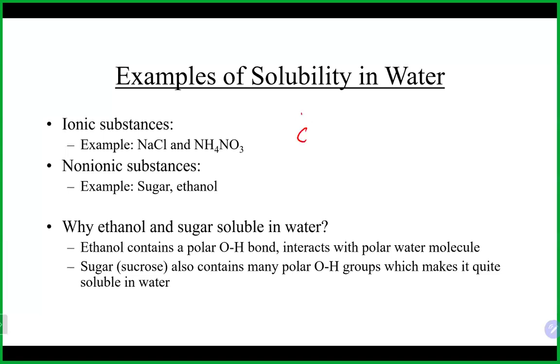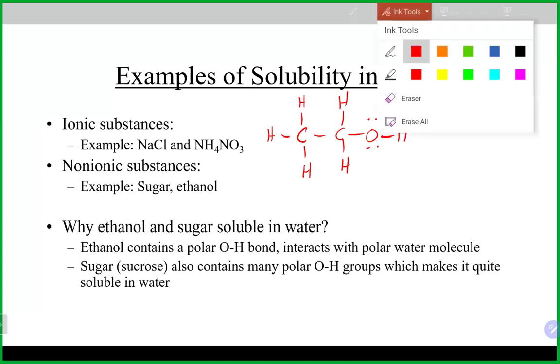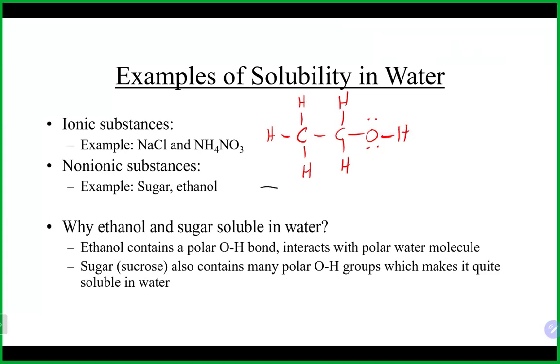If we were to draw ethanol, it looks something like this. And when we look at ethanol, it actually has two parts to it. We have this part of the ethanol molecule, which is essentially all carbon-carbon bonds and carbon-hydrogen bonds, and essentially that is all nonpolar.